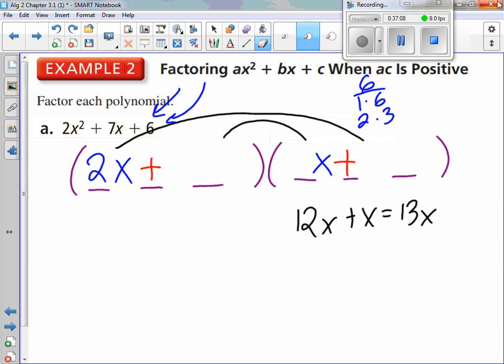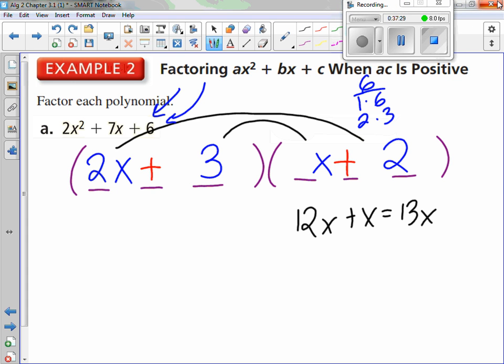How about 2 and 3? So there might be one there. Am I restricted on how I set up 2 and 3? Can I put 2 with 2x? No, because they would have a common factor of 2. So what that means for me is I have to put 3 here, and I have to put 2 here.